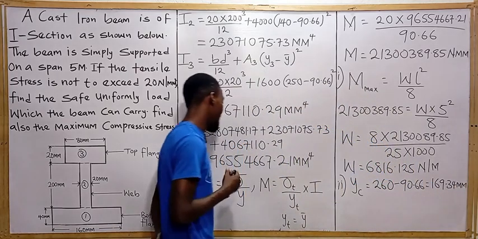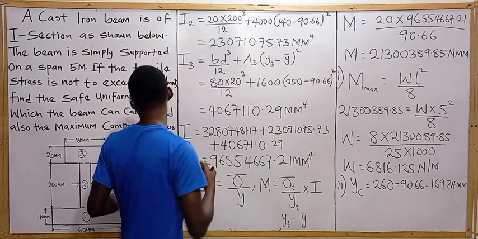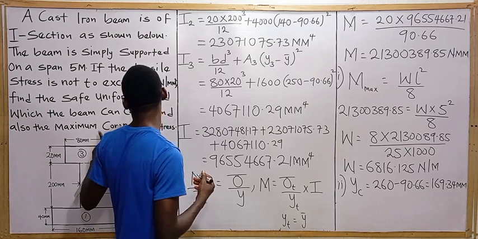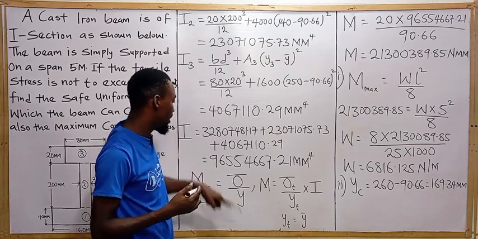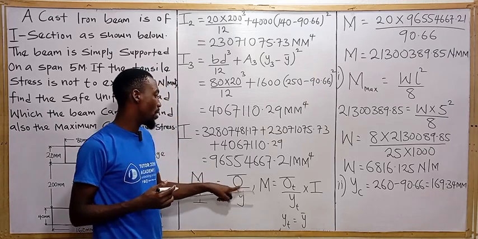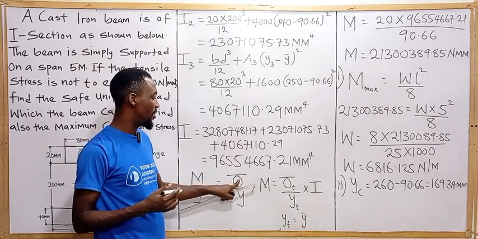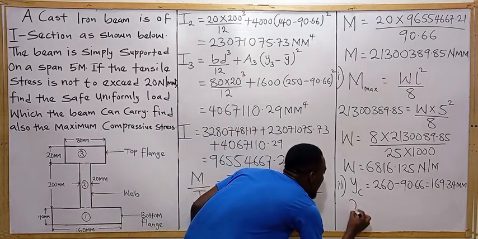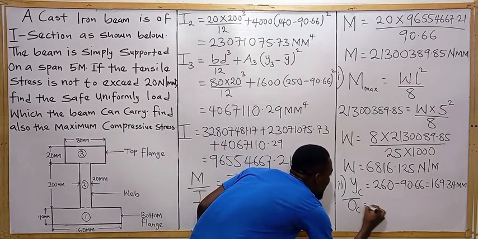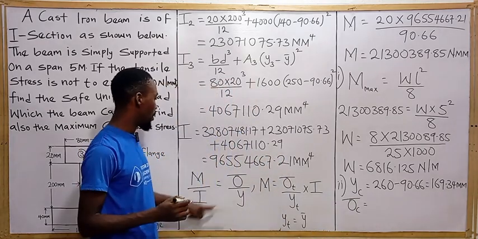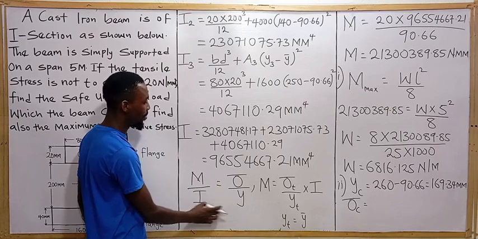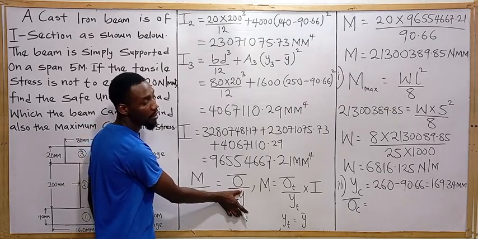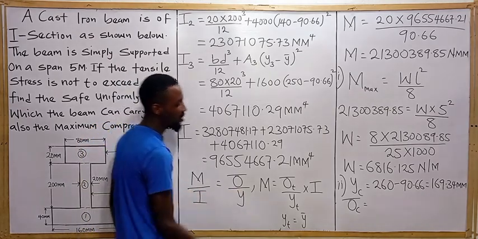But don't forget, they want us to find the maximum compressive stress. So it means that we are going to make this stress here the subject, and we'll put a C here. So we are going to say maximum compressive stress will be equal to M over I multiplied by y, but it's not going to be just y, now it's going to be y subscript c.